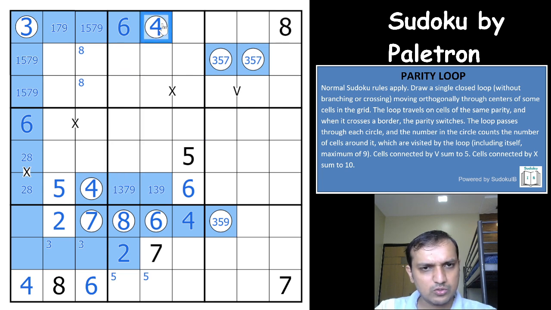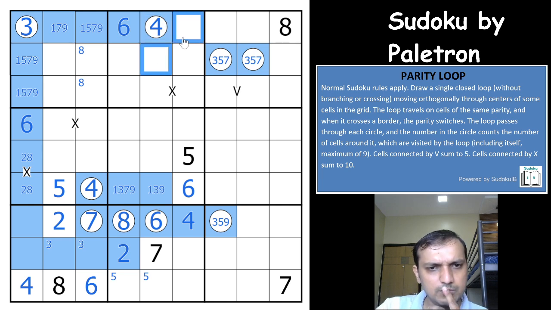Next would have to have a 2 or an 8 here. If we go this way, this would be 2. If it goes this way, it couldn't be 2 or an 8. It can go anyway, but you're not sure.